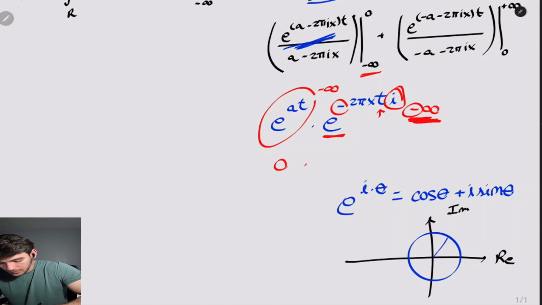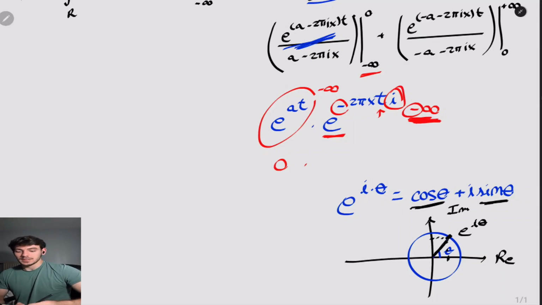Here is our angle theta. So this is the imaginary part that is relative to the sine. And here we have our real part that is relative to the cosine theta here alone. And here is our exponential of I theta. And the norm, so the value of this, is always 1, since it is basically the radius of our circle.